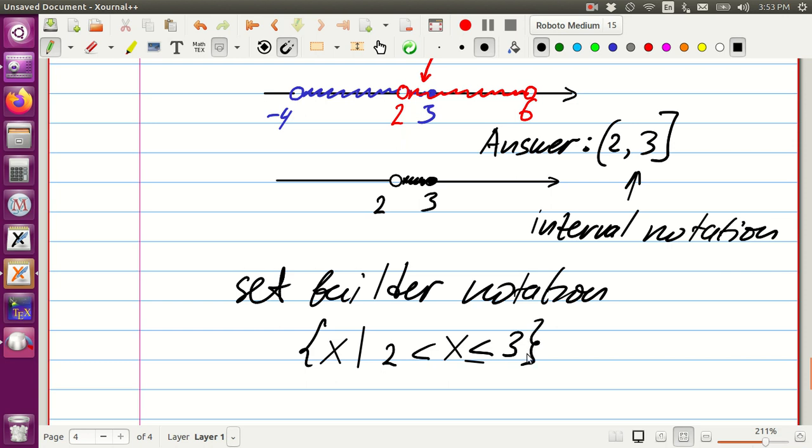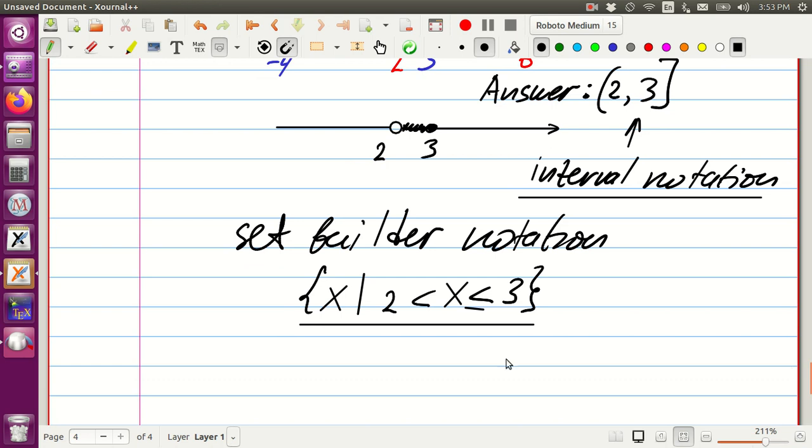And this would be the answer for this problem given in many different ways. Set builder notation, also interval notation. We can also just say x bigger than 2 and less or equal than 3, as an inequality.